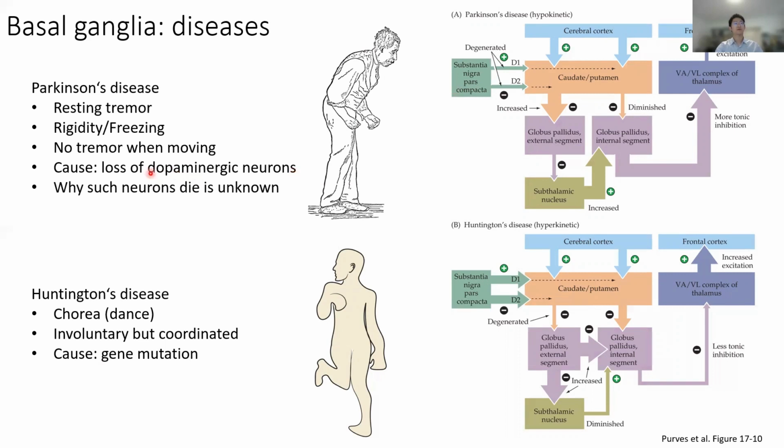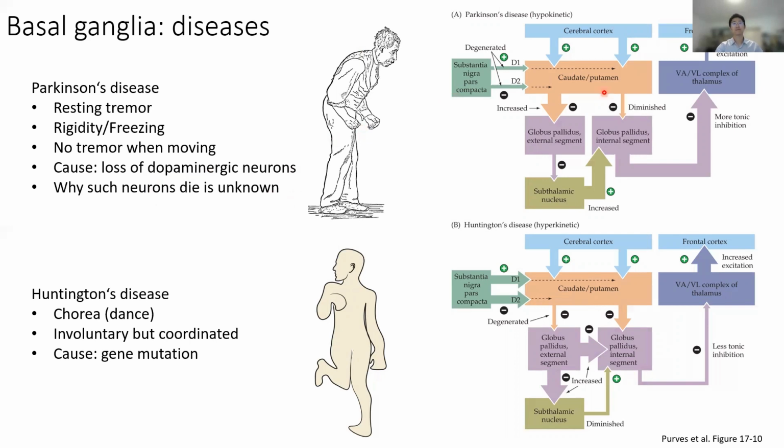And what we see from the behavior, the Parkinson patients are always freezing. If they want to move, they are frozen, they cannot move, and they also have tremors. But we don't know why these neurons that produce dopamine die in these patients.